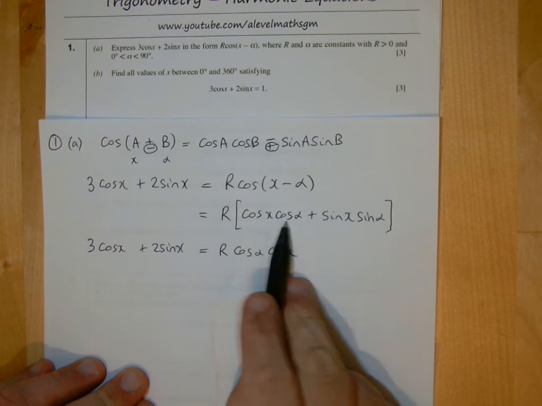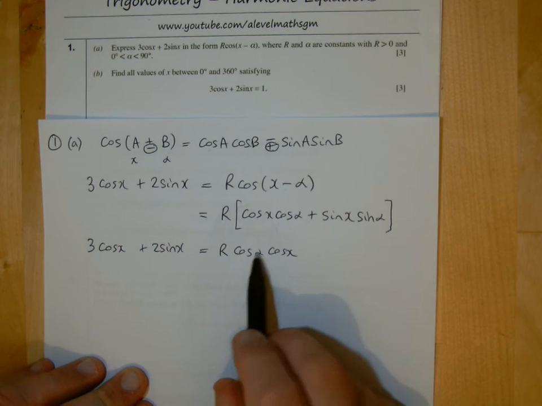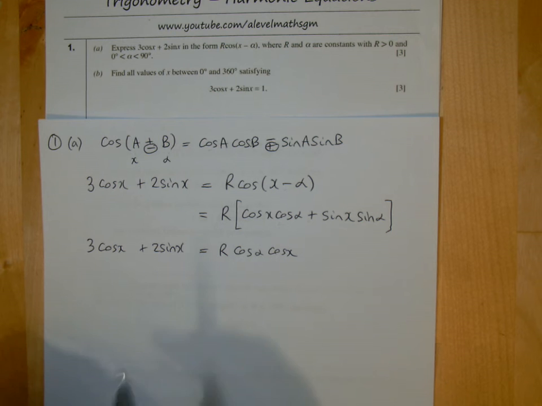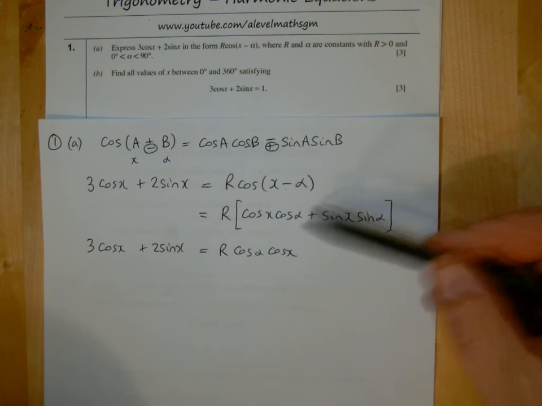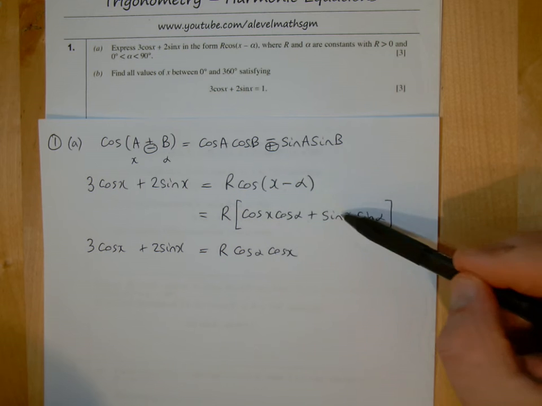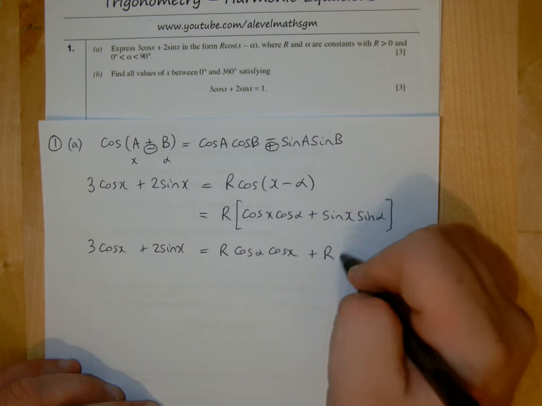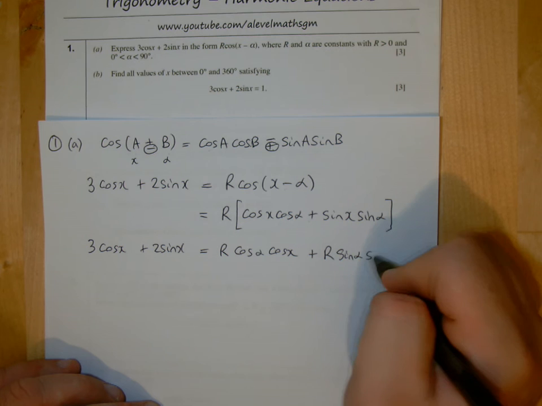Just swap them around when I multiply, you're allowed to do that because multiplying is commutative, it doesn't matter what order you do it in. And the same when I do r times this, I write it as plus r sine alpha sine x.